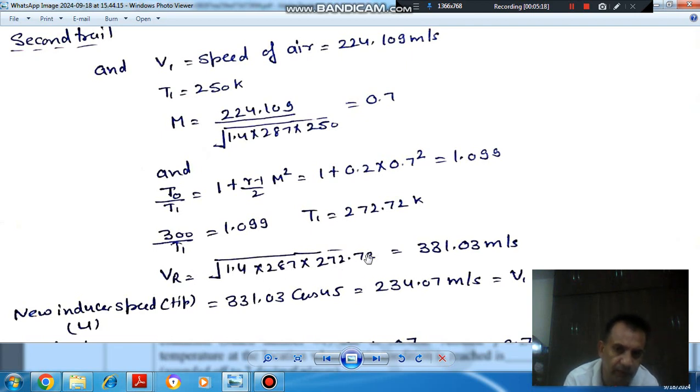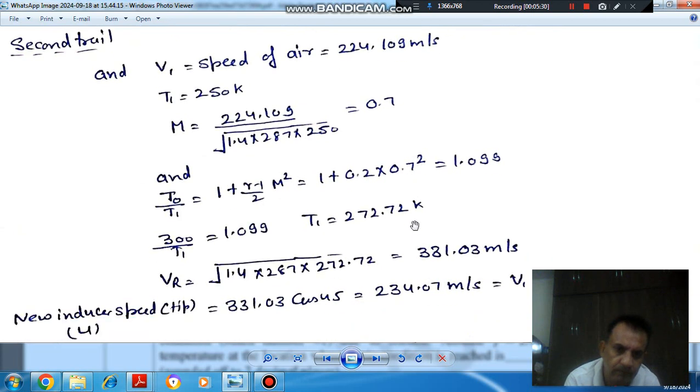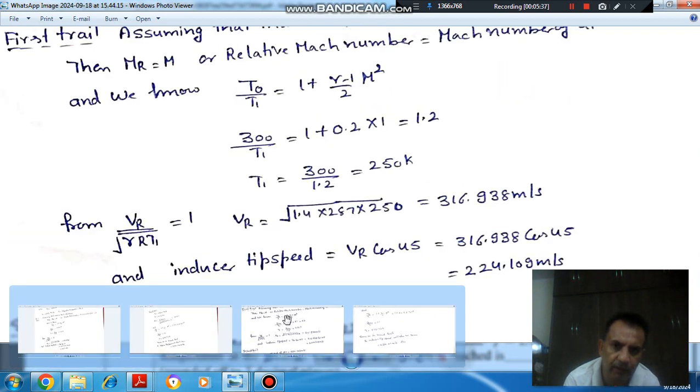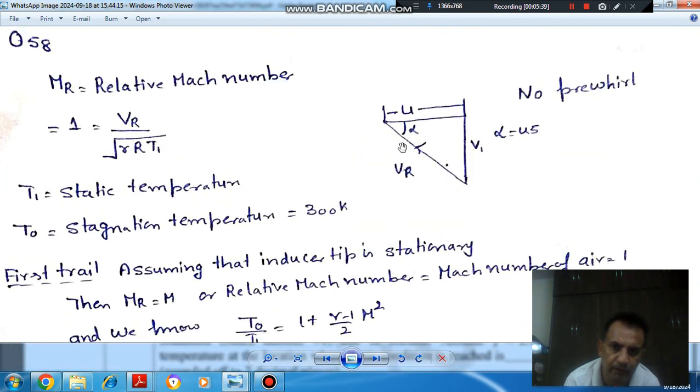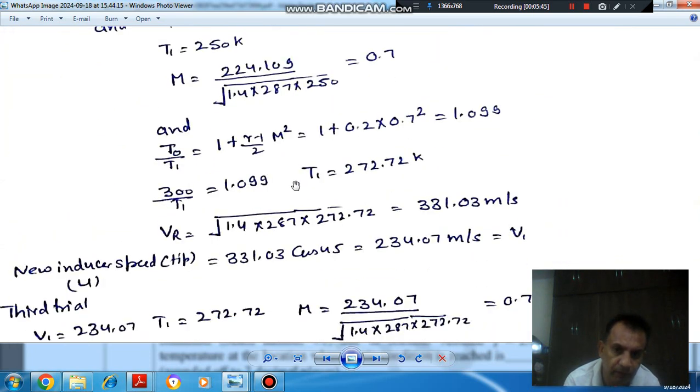In the first trial we got VR equal to 316.98, and now we have VR equal to 331.03 meters per second. From this VR we can again use the triangle to find the new U and new V1. New U will be VR cos 45, which is 234.07, and this is also equal to V1.